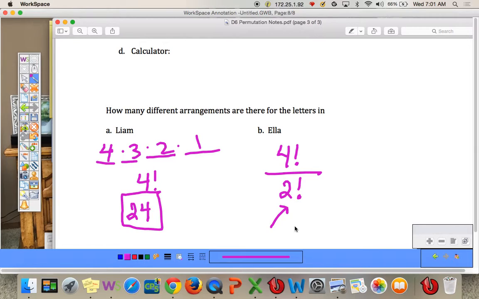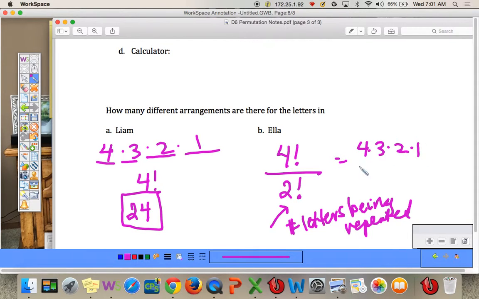This is the number of letters being repeated. Okay, so what would that look like? And again, we could write this out. This is 4 times 3 times 2 times 1 over 2 times 1. So there's 12 different ways to rearrange the letters in the name Ella.